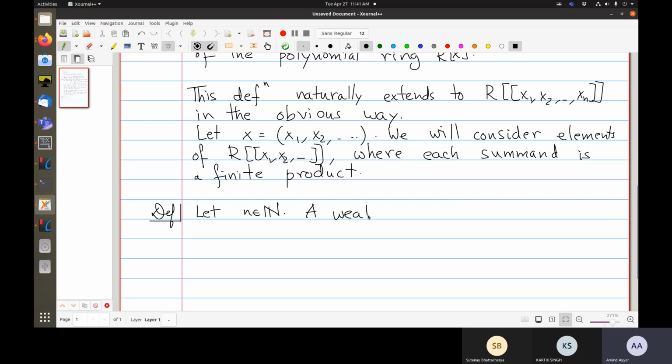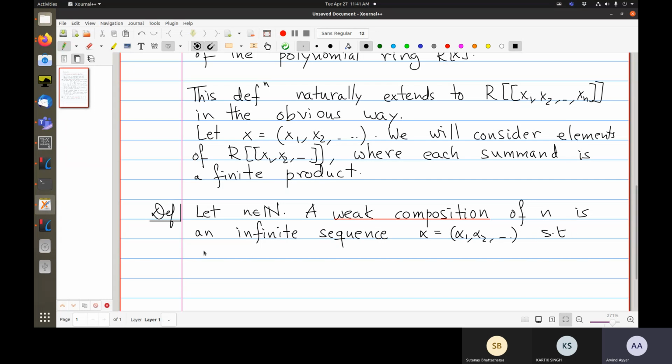A weak composition of n is an infinite sequence alpha, which is alpha 1, alpha 2, etc., such that sigma i equals 1 to infinity, alpha i is equal to n.